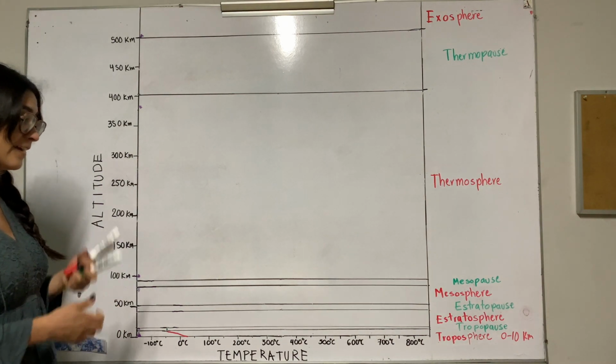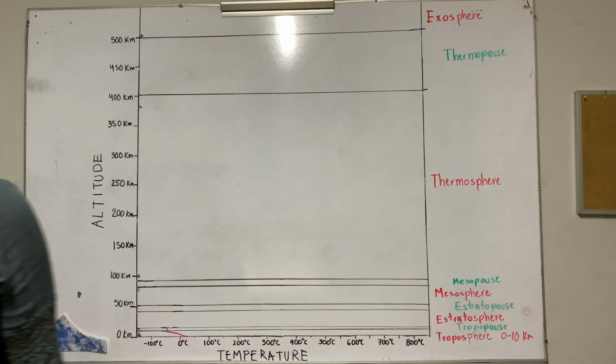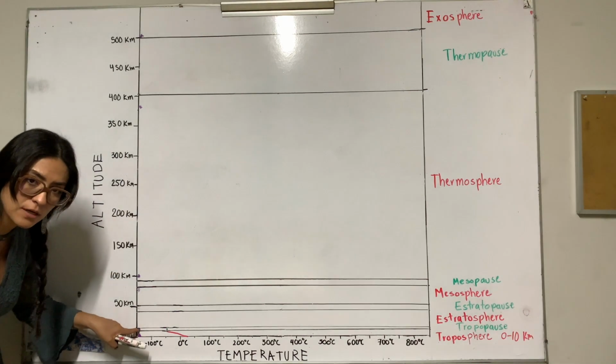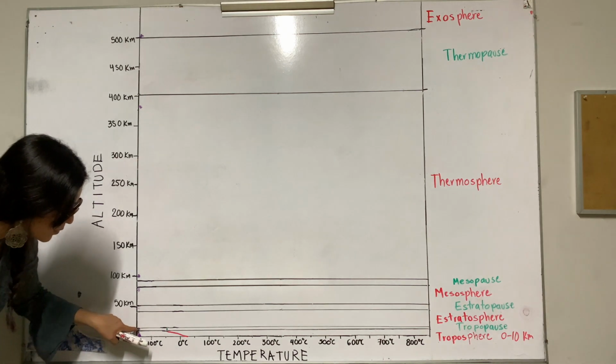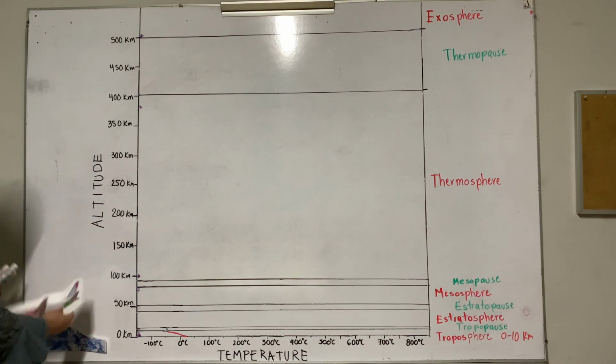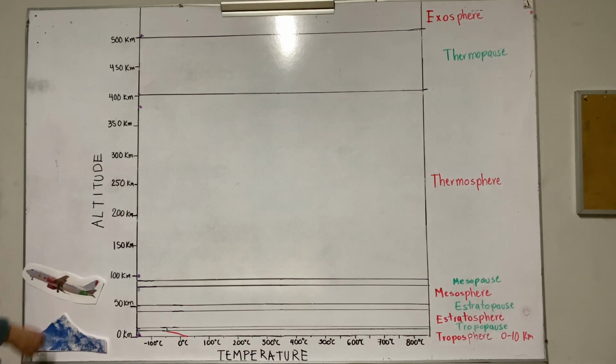So in the tropopause we have something interesting right here. This is the purple dot. Maybe you cannot see it, but this purple dot at approximately 11 kilometers in the tropopause is where the airplanes are. The aircrafts, like Viva Aerobus here, use it to travel.